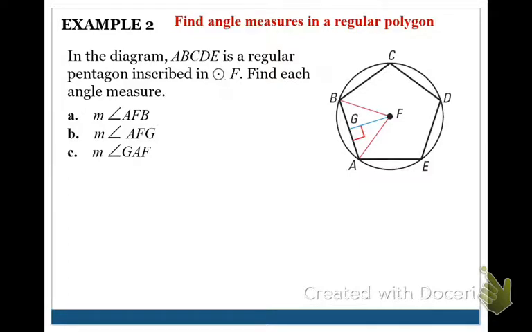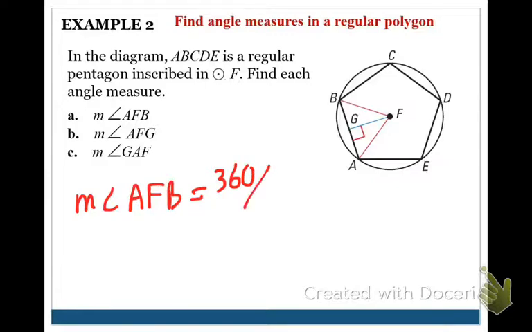So the measure of angle AFB is equal to 360 divided by 5, which is going to be 72 degrees. Right, so AFB is 72 degrees.